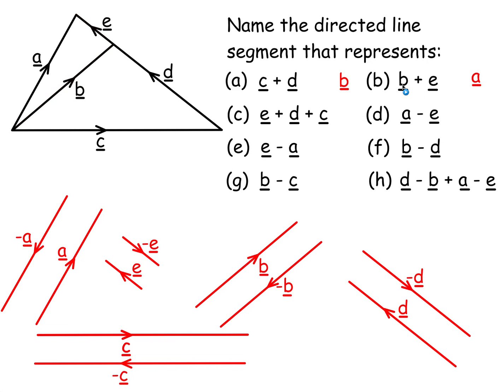The next one says EDC. So there's E, and there's D, and then it says C. There's C. Just put them together. Didn't put them together in the correct way as we're adding, because they actually add C, D, E. So although we had E plus D plus C, they actually add together C, D, then E. But that's given in the diagram.